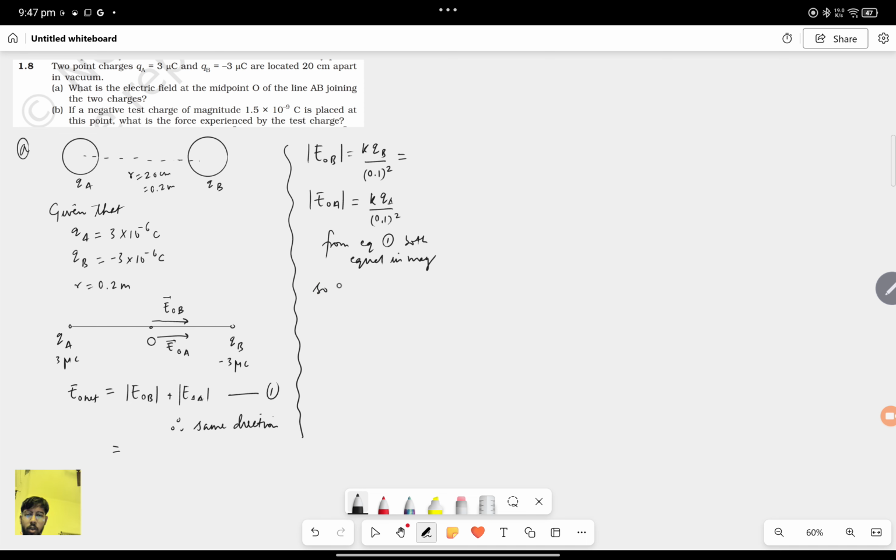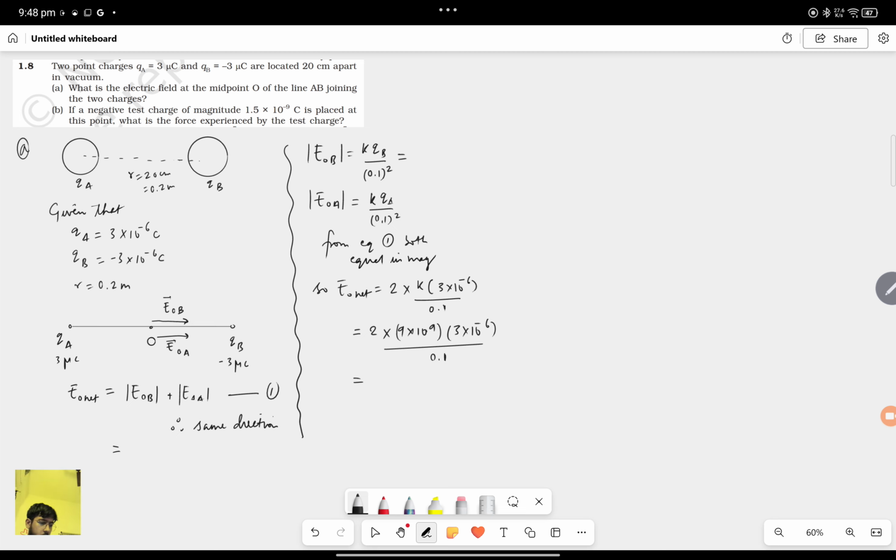So EO net is equal to 2 into K into 3 into 10 to the power minus 6 by 0.1, that is equal to 2 into 9 into 10 to the power 9 into 3 into 10 to the power minus 6 by 0.1.